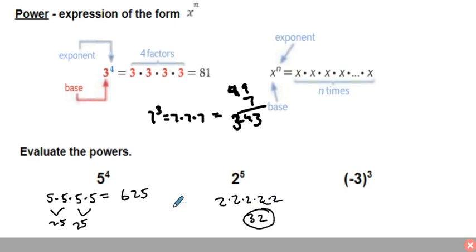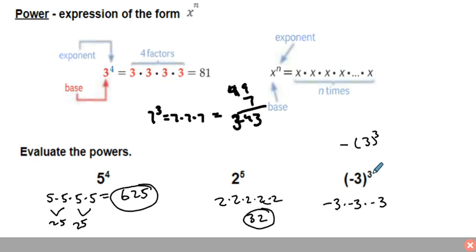And then (-3) cubed. The big thing is remembering that you're actually multiplying the negative along with it if it's inside the parentheses like that. So this is different from this. This is saying that you're actually multiplying the number -3, 3 times.